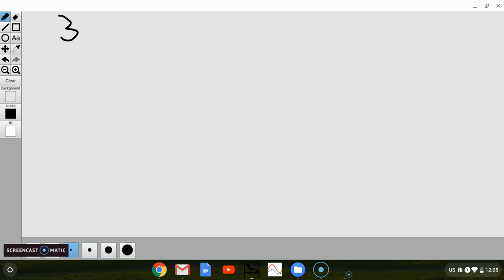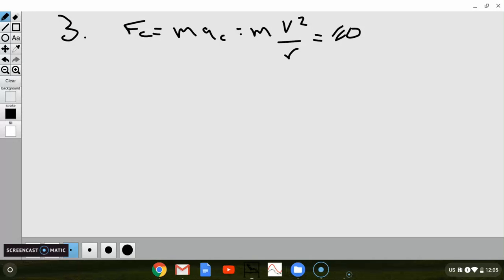So number 3, the centripetal force would just be the mass times a_c, which is the mass times v squared over r. At this point, the mass is 60, the velocity is 4.75, squared, over the 6.5 meters, which was the radius.